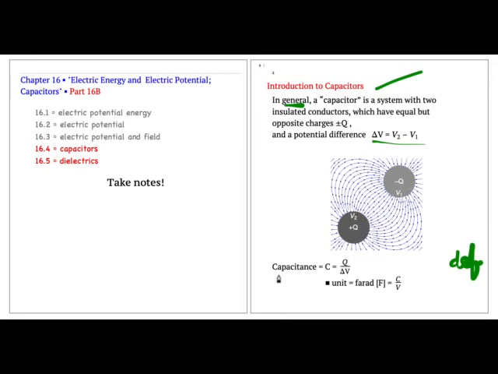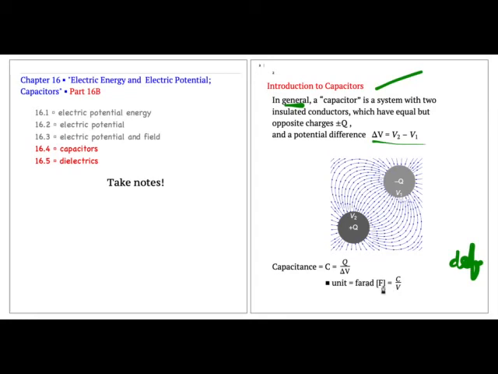And now, since that's an observable quantity, it has to have a unit of measurement. The unit of measurement is called the farad, named after the famous physicist of the 19th century, Michael Faraday, abbreviated by capital F. And what's the unit?